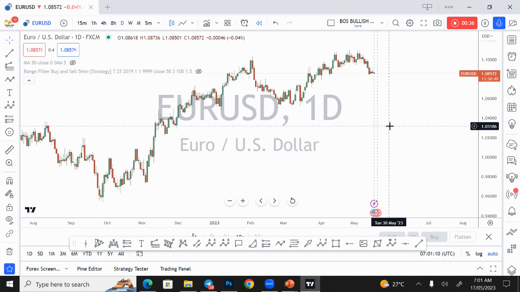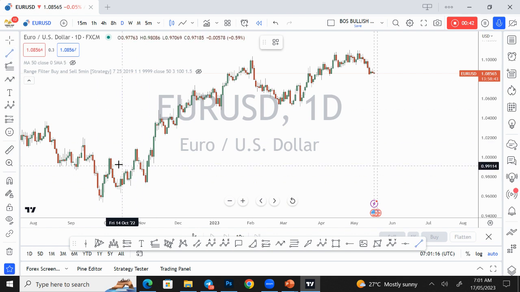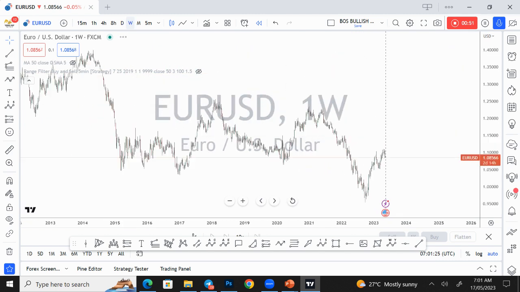Now, with Euro USD, we are analyzing it based on Elliott waves and smart money concept. So let's look at the history for Euro USD.